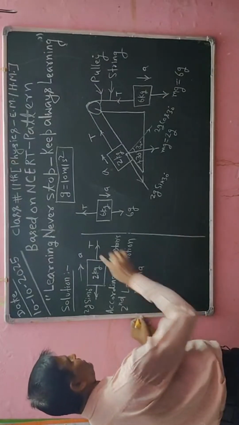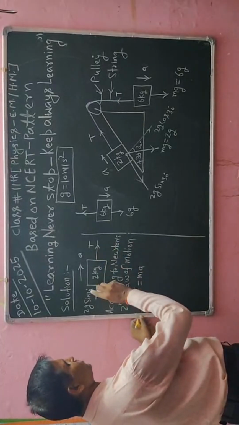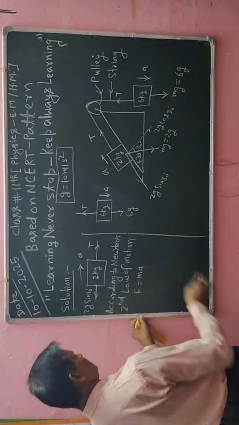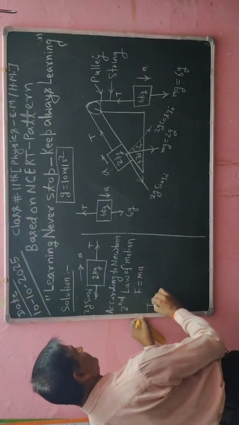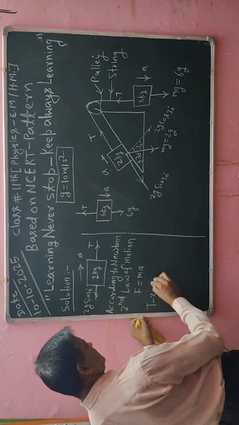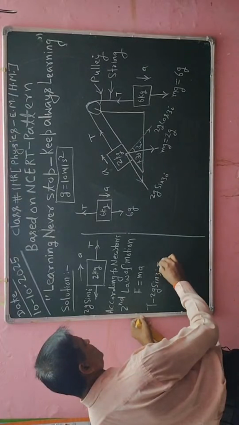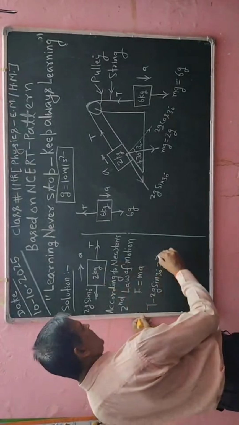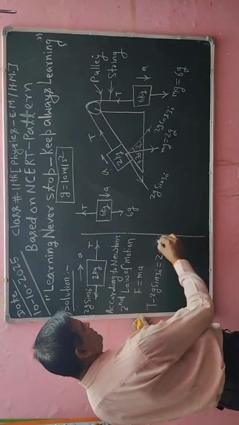In the place of F, here there are two forces. One force is this one, the other force is this one, but this object is going forward. It means that T force is greater than 2g sine theta. So here I will write T minus 2g sine 30 degree, which is equal to m, that is 2, times the acceleration a. So I will say this is equation number 1.